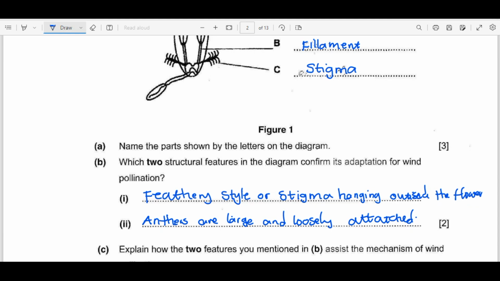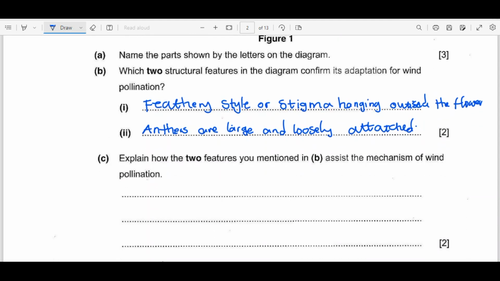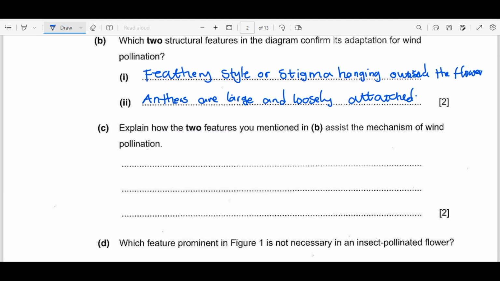Now we move on to question C. Under question C, explain how the two features you mentioned in B assist the mechanism of wind pollination. The first one, feathery style or stigma hanging outside the flower.